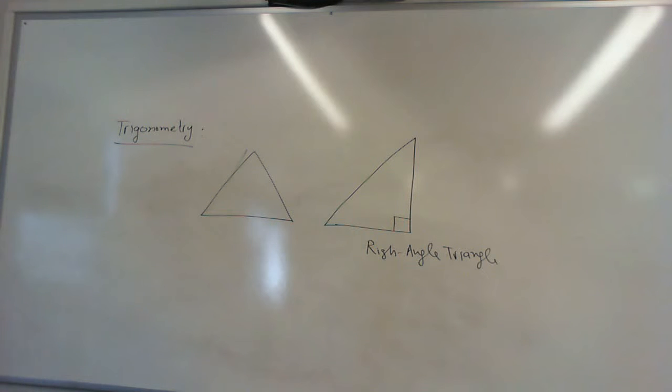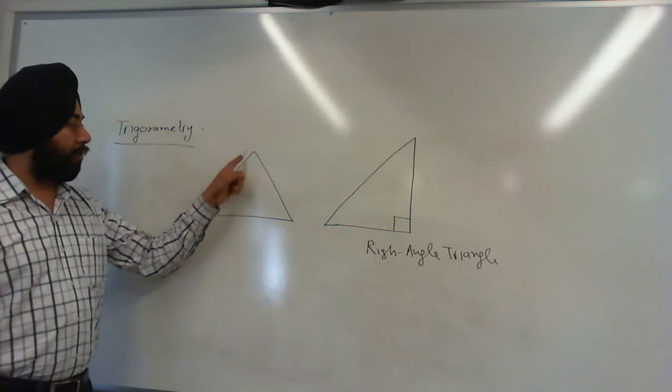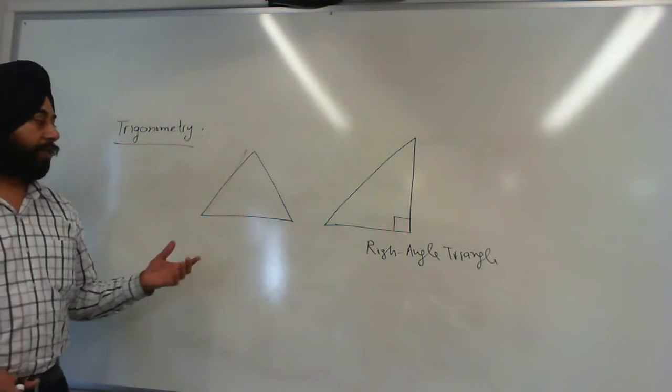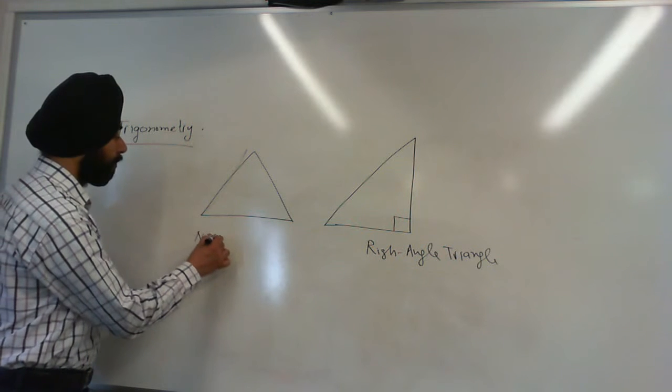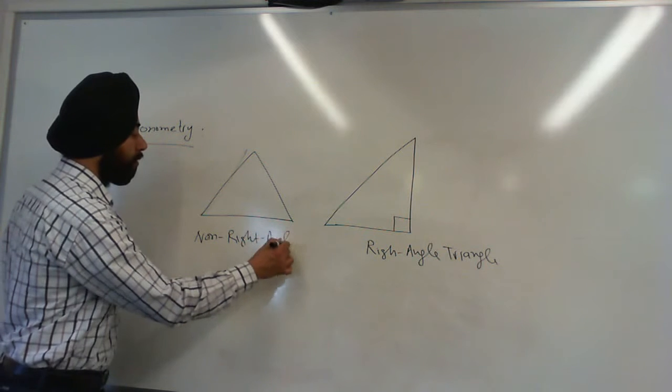This is just a general triangle. There are different types. This one is called isosceles triangle because this has got these two sides equal to each other. But for our purpose, we will just say that this is a non-right angle triangle.